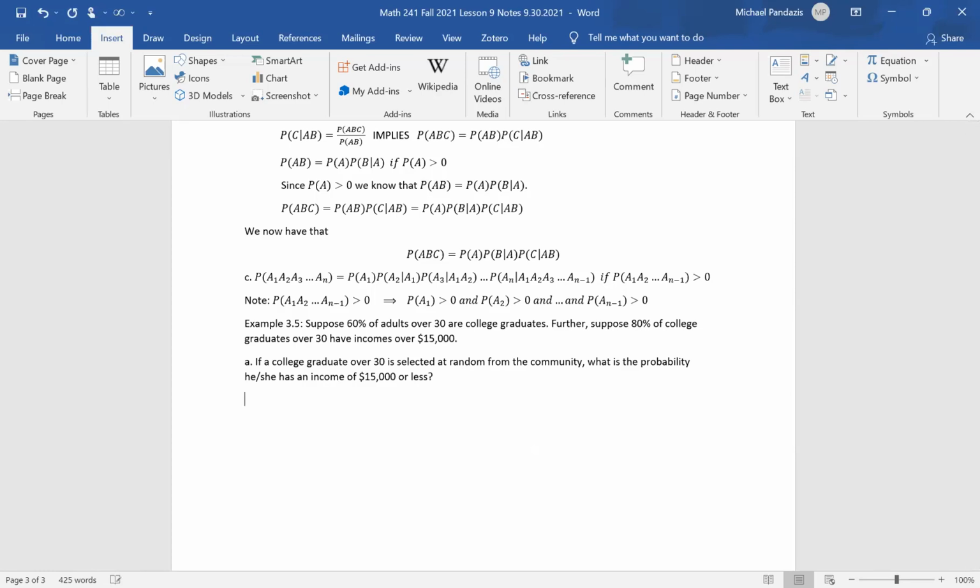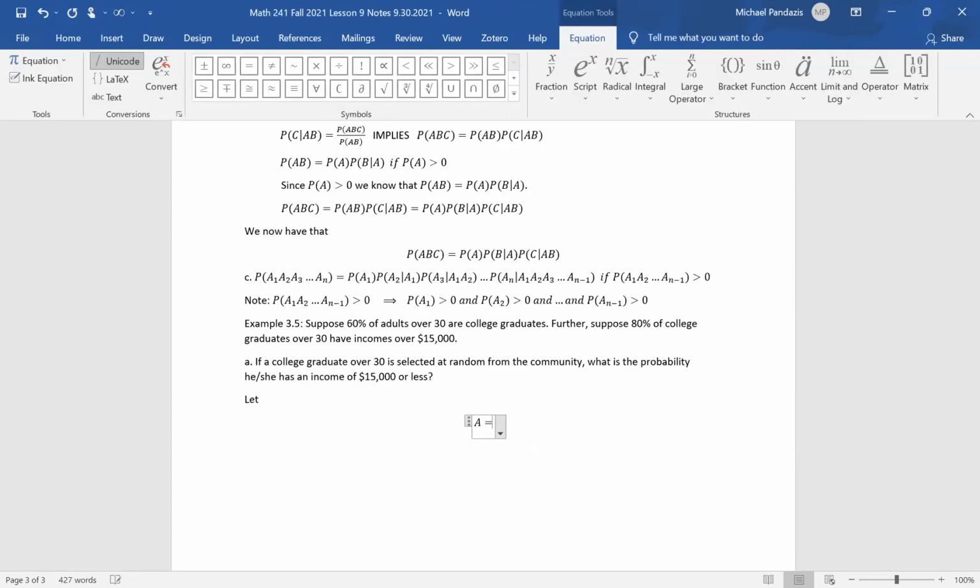Okay, so let's introduce some notation. We're going to let A equal the event a person with an income of over $15,000 is selected.